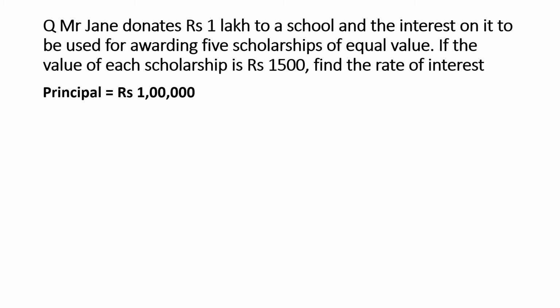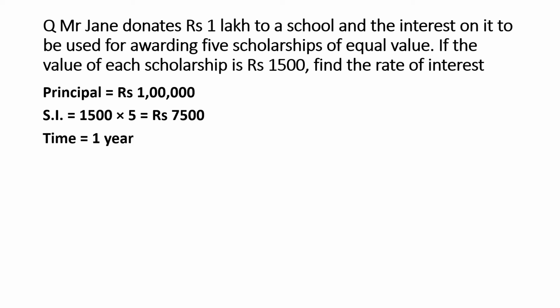Principal rupees 1 lakh. Simple interest 1500 into 5, because the value of one scholarship is 1500 and 5 scholarships of equal values are given to the students. So 1500 into 5, that is rupees 7500, is our simple interest. Time is 1 year.